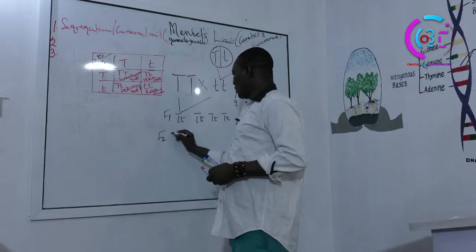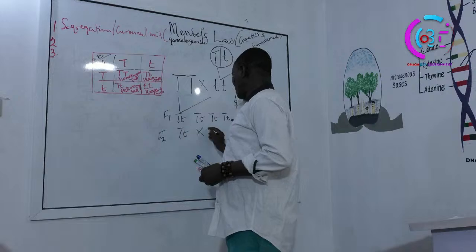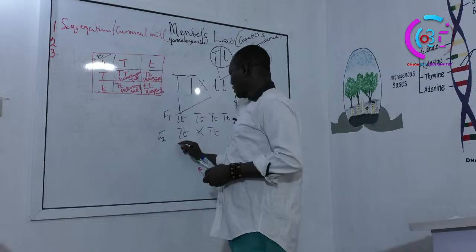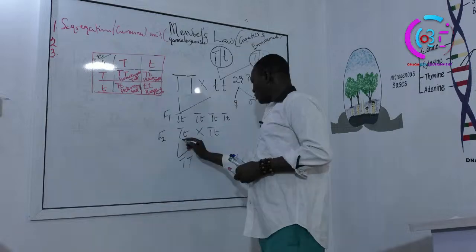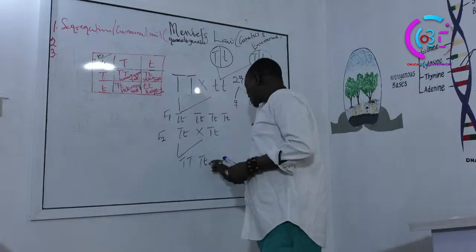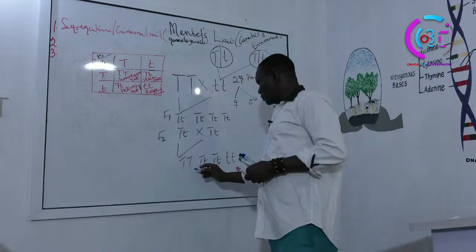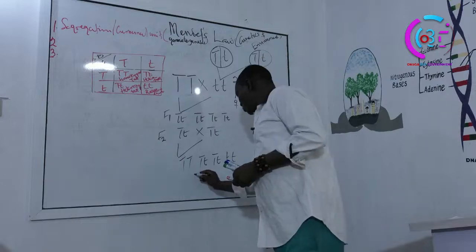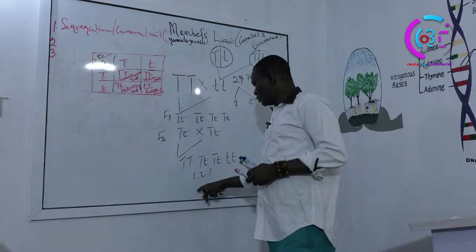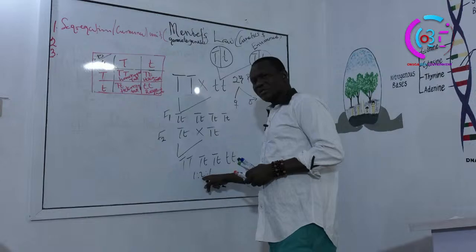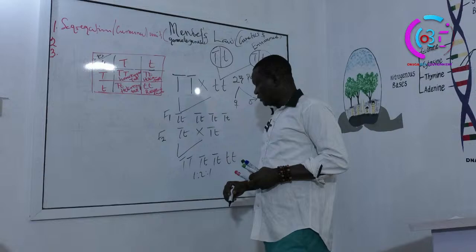And I told you that you will now get the second filial generation. That means you are going to cross capital T, small t, that is heterozygous. You cross it together so that what you are going to have is a capital T, then you are going to have this, as well as this. So when you look at the genotypic ratio, the genotype 1:1, these two are standing for heterozygous tall, whereas this one is standing for the recessive gene, which is short.